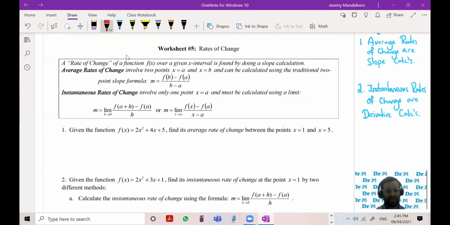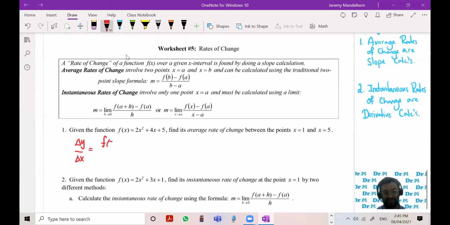It reads, given the function f, find its average rate of change between the points x is 1 and x is 5. Well, for notation, we represent such an average rate of change as a delta y divided by a delta x. In the numerator, we have the function value at the endpoint of the independent variable interval.